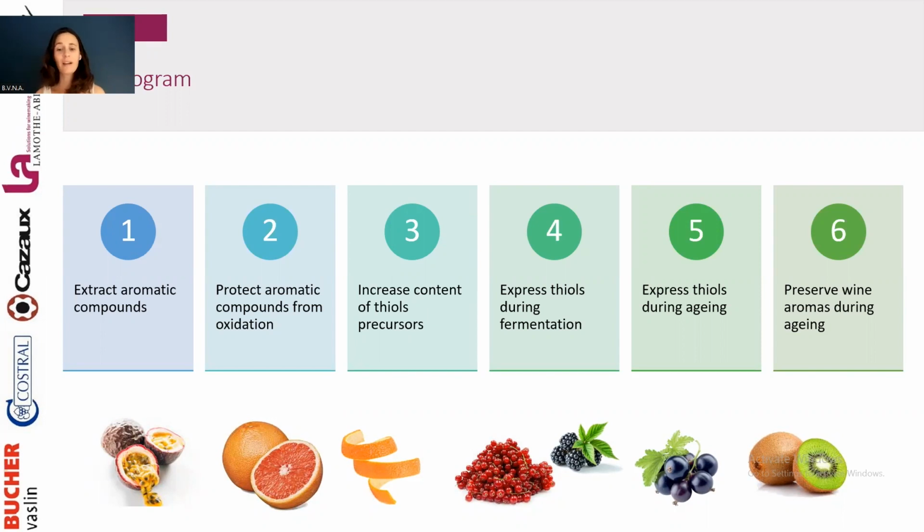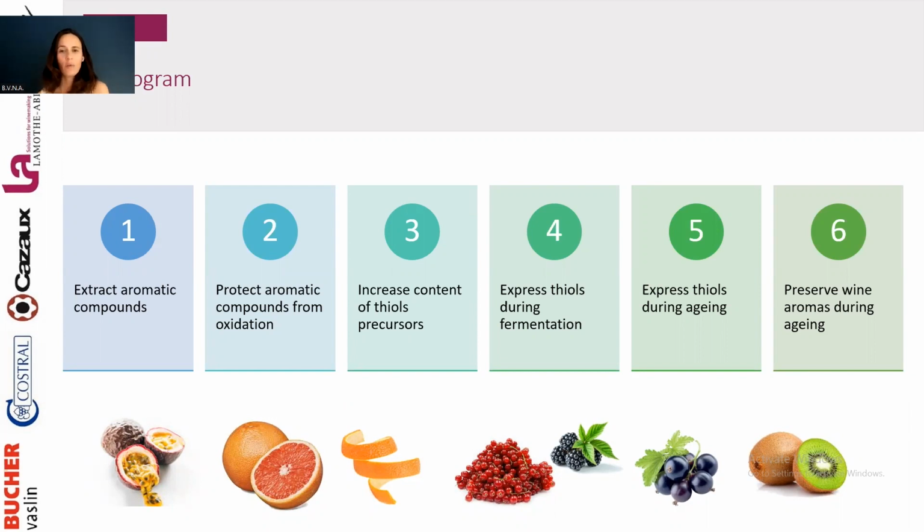Aromatic thiols are how we can release the precursors from their sugar and make them a volatile form that we smell during fermentation, during aging. And then the last point will be how we can preserve these aromas once we extract them, protect them, and express them. How do we preserve them in the wine until we bottle? So until the consumer opens the bottle.